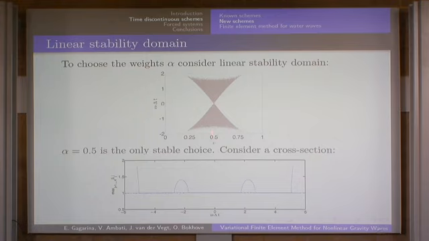Taking the cross-section of this area and plotting it here, we see our stability range is over here. It is somehow modulus of omega times delta t about 1.7, so it is a bit more restrictive than for the Störmer-Verlet scheme.